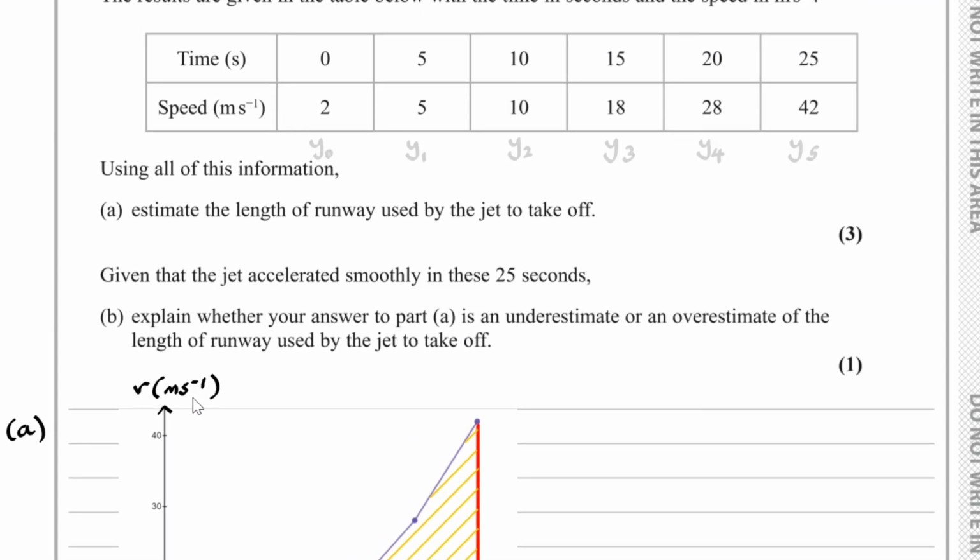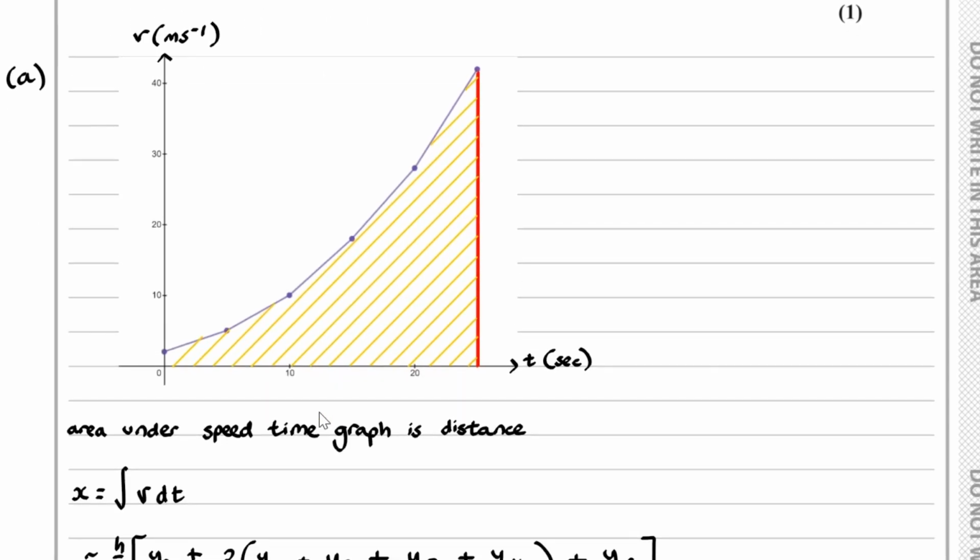And now for part B, given that the jet accelerated smoothly in these 25 seconds, we have to explain whether our answer in part A is an underestimate or an overestimate of the length of the runway used by the jet to take off. Well, if it accelerated smoothly, we won't join the points together with straight lines.